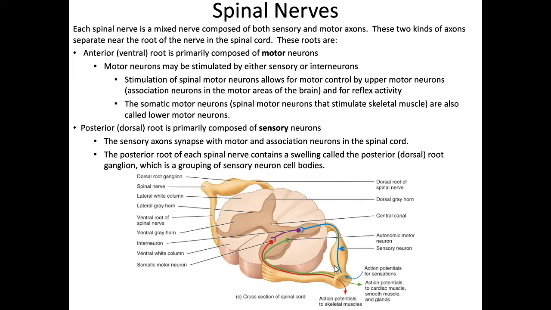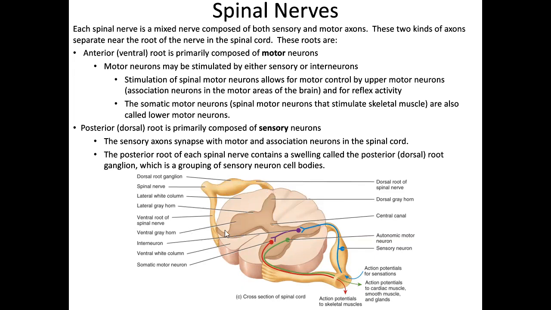Now, we only show one here in blue, but keep in mind, you're probably going to have thousands, if not more, in each of these roots. Which means that the dorsal roots always have signals going into the spinal cord, where they synapse in that posterior or dorsal horn that we talked about last time.